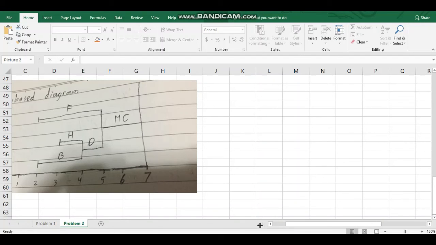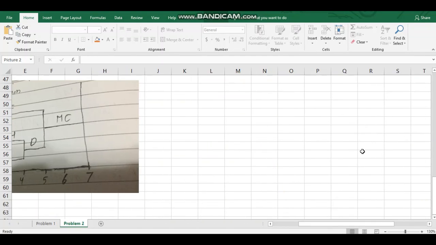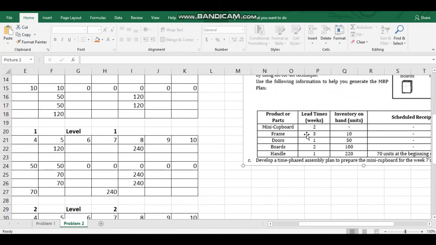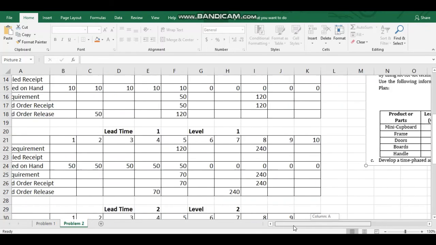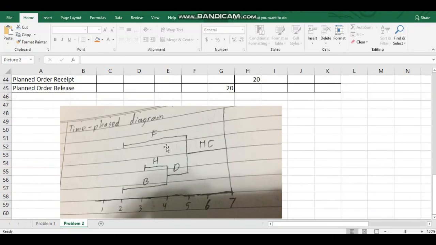And when should we start working on frame and door? We have to look at the lead time for frame. Okay, the lead time for frame is 3 weeks, so we have to pull back the line 3 weeks from week 5. So we should start working on frame 3 weeks before week 5, which is week 2.